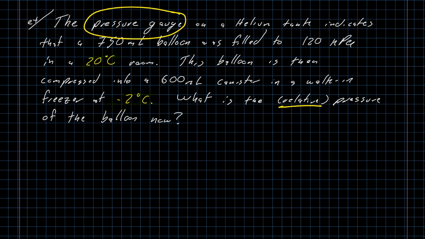But when we're talking about relative pressure, when we're talking about a pressure gauge, it's talking about the difference between the pressure of the container and air pressure, right? So I will do my best to always remind you when I'm introducing a problem like this.